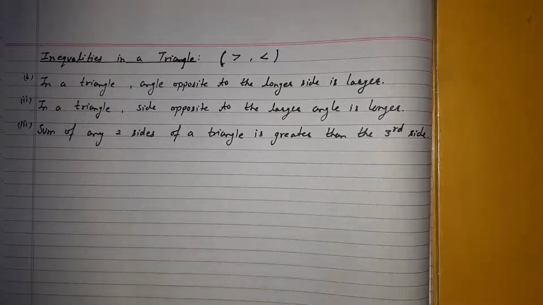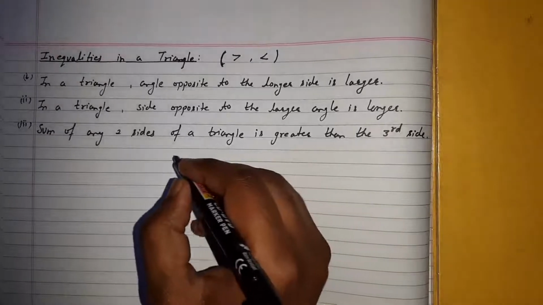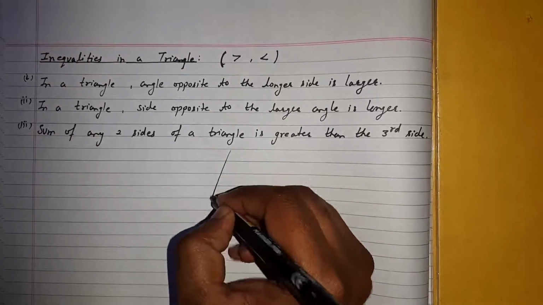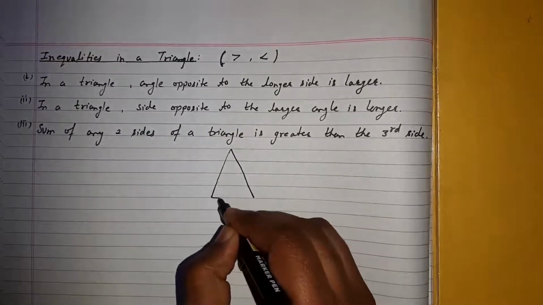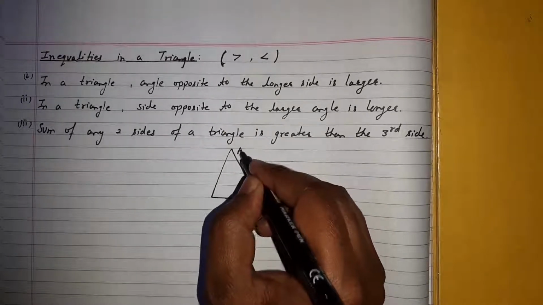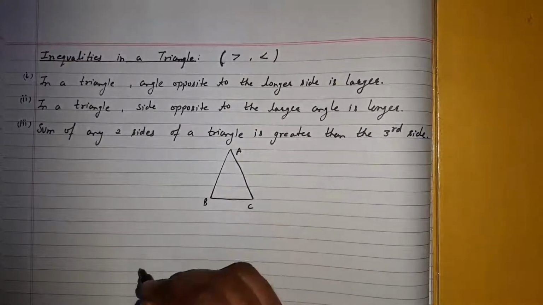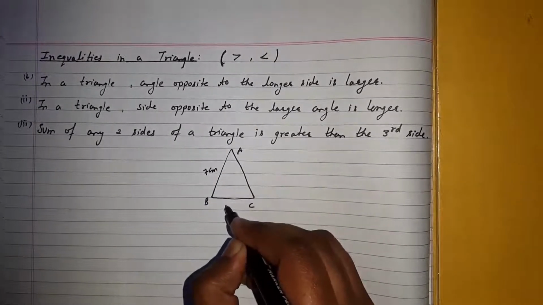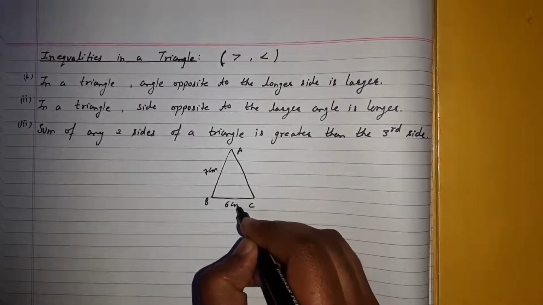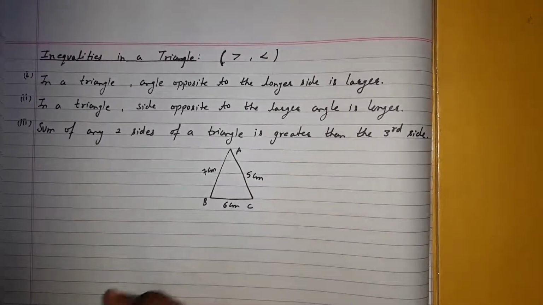Okay, suppose a triangle ABC is given in which AB is 7 centimeter, suppose this is 6 centimeter and suppose this is 5 centimeter.